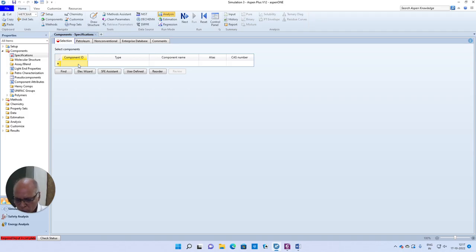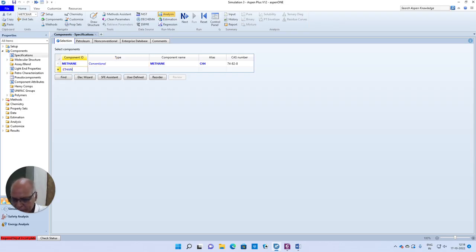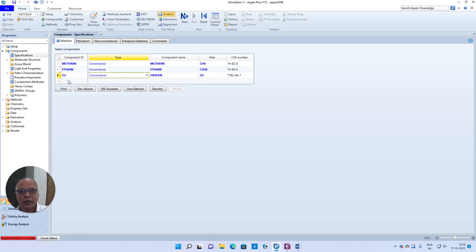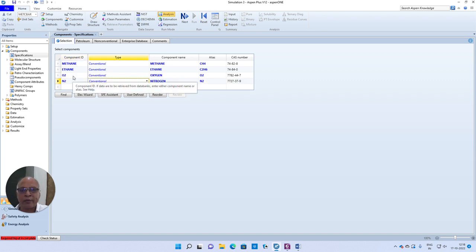So we have two components involved in the fuel, methane and ethane, and then air is going to be used as the other combustion reactant. So air is being considered as a mixture of oxygen and nitrogen, and the combustion products.